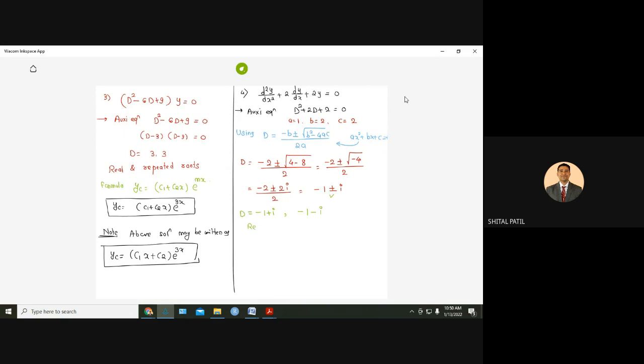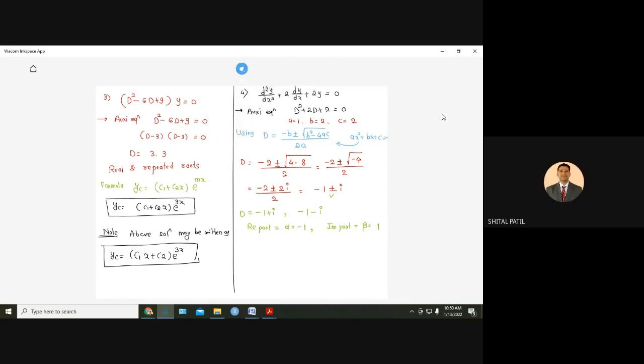Now real part, alpha: what is the real part here? Minus 1. Imaginary part, that is beta, and what is that? i and minus i. But you don't have to write i, you have to write its coefficient, that is 1. Getting everyone?